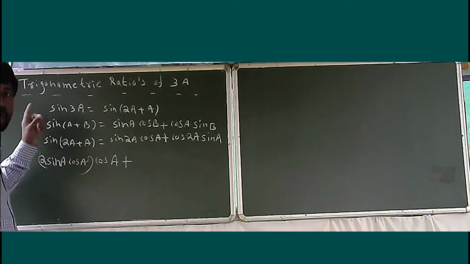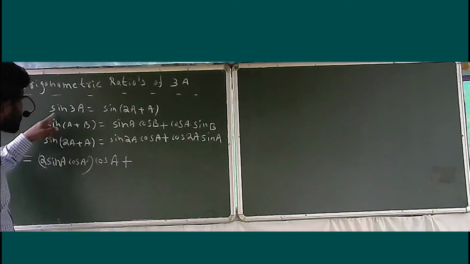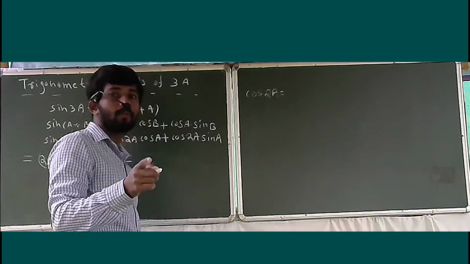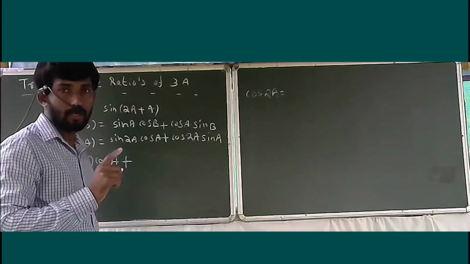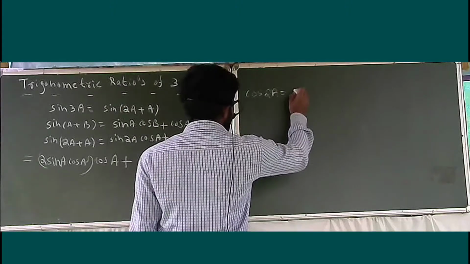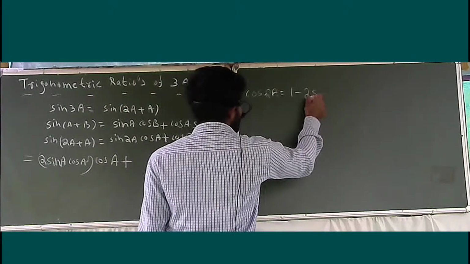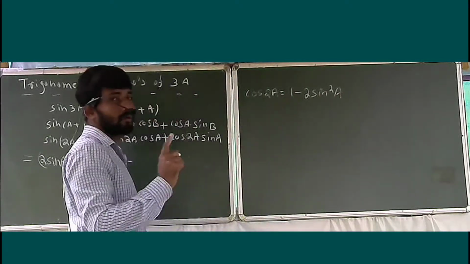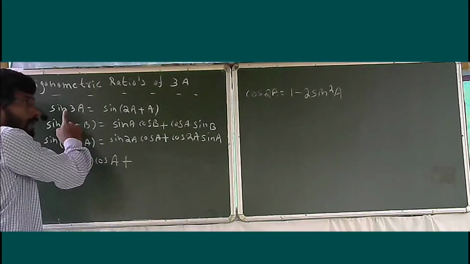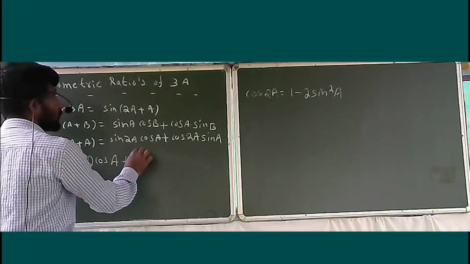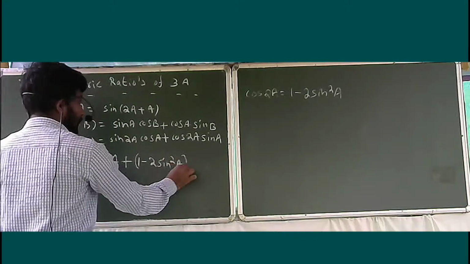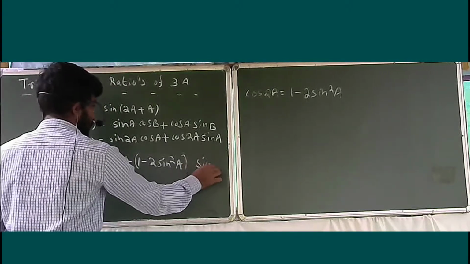You're finding the formula for sine 3A. So in the cos 2A formula you need to select the formula with only the sine function. We have the formula cos 2A is equal to 1 minus 2 sine square A, right? I'm selecting this formula to find the value of sine 3A. Substitute here, cos 2A can be written as 1 minus 2 sine square A into sine A.